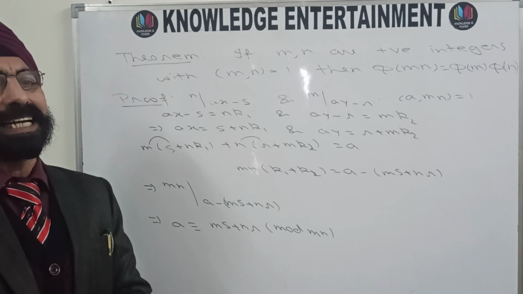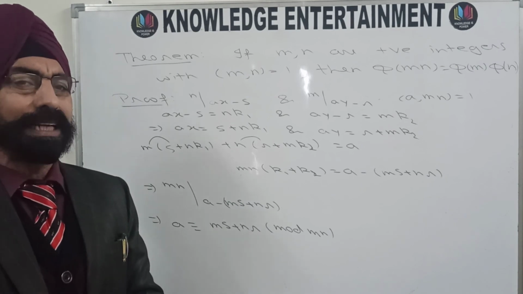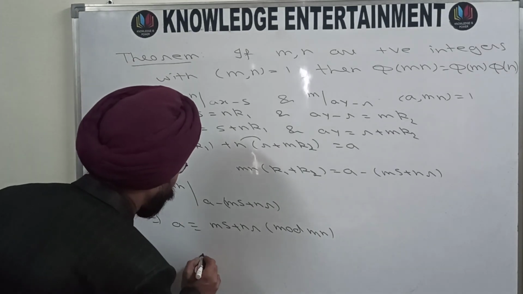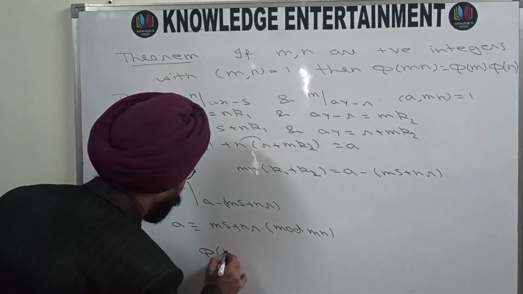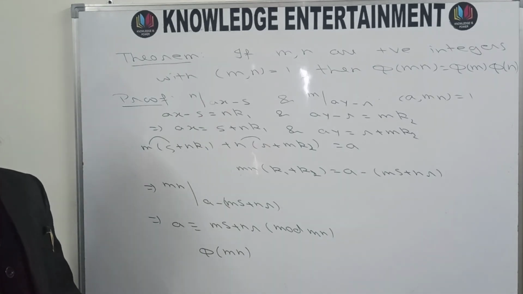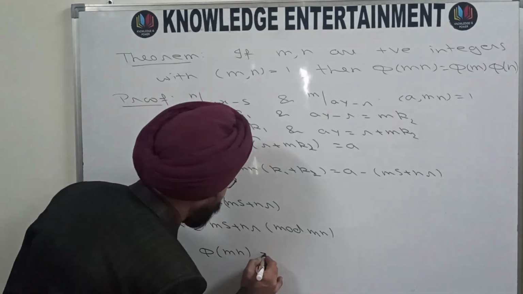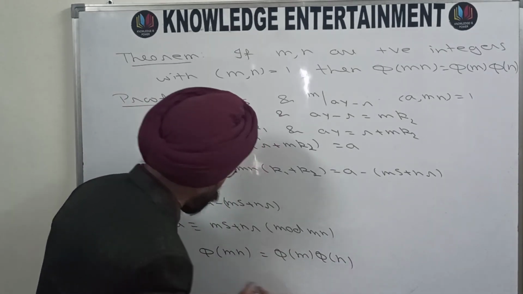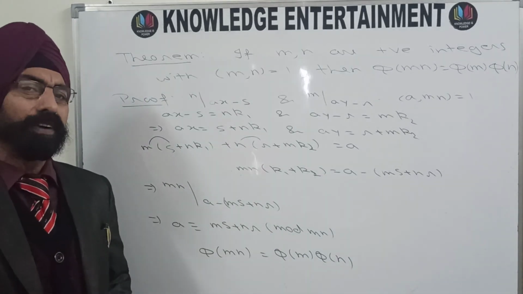It makes the set T a reduced residue system modulo mn, and that means the number of members of the set T is phi(mn). But what is the number of members of the set T? We have already checked. It is equal to phi(m) times phi(n). So phi(mn) is equal to phi(m) phi(n).